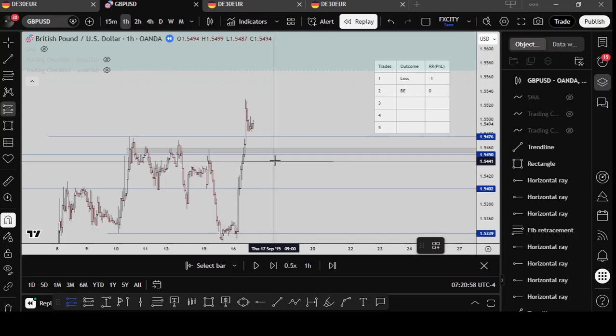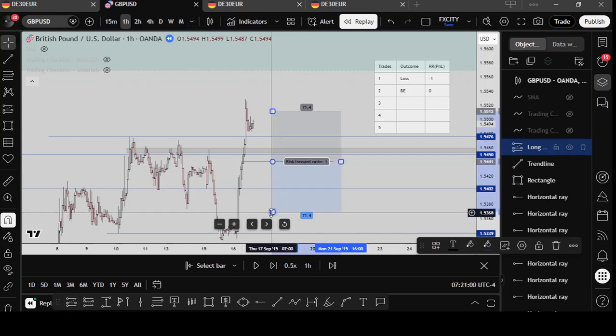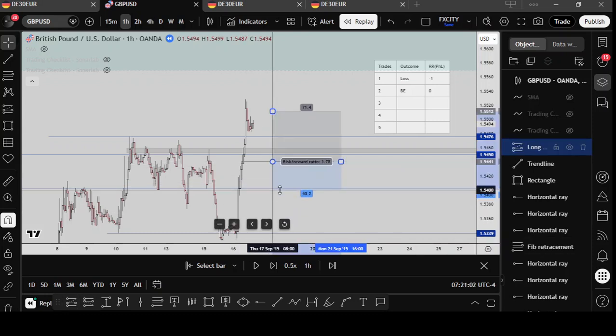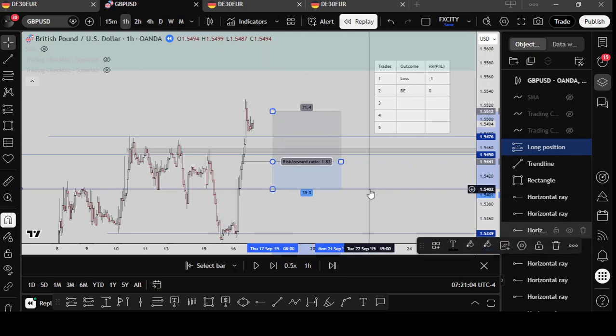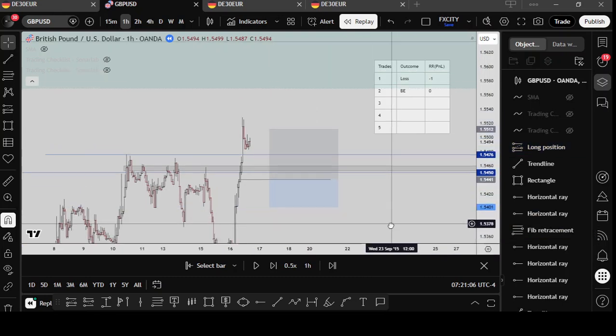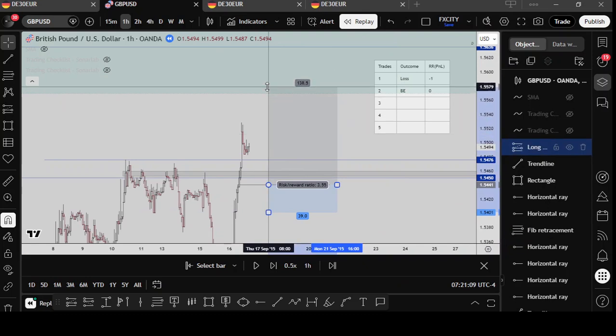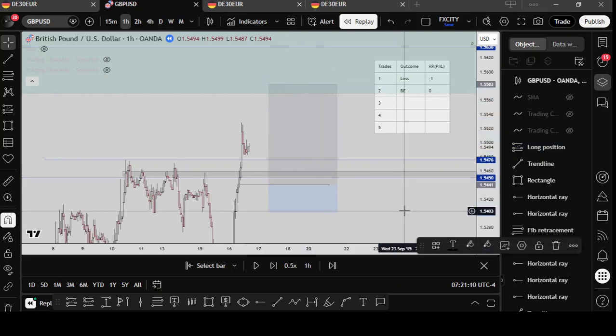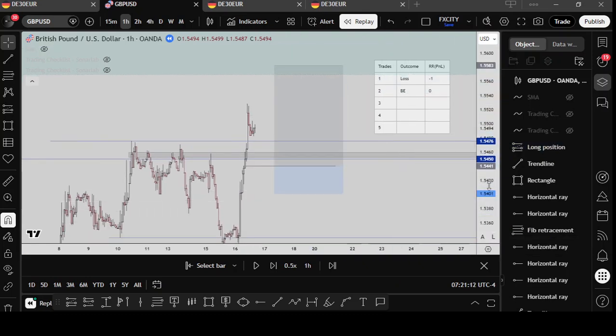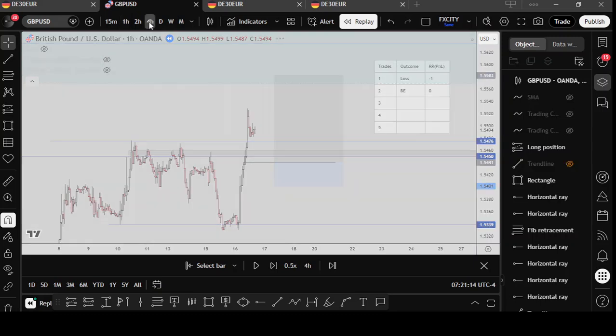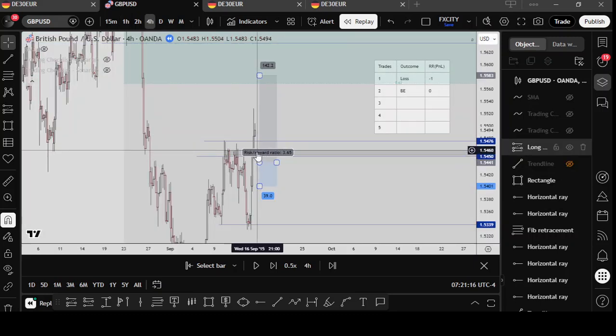If so, I will enter here and my stop loss is going to be here, just at 500, but I'm giving it two candles distance from my entry point. Let's see how that plays out. I'll be monitoring the 4 hour time frame also, just in case we are getting this entry.